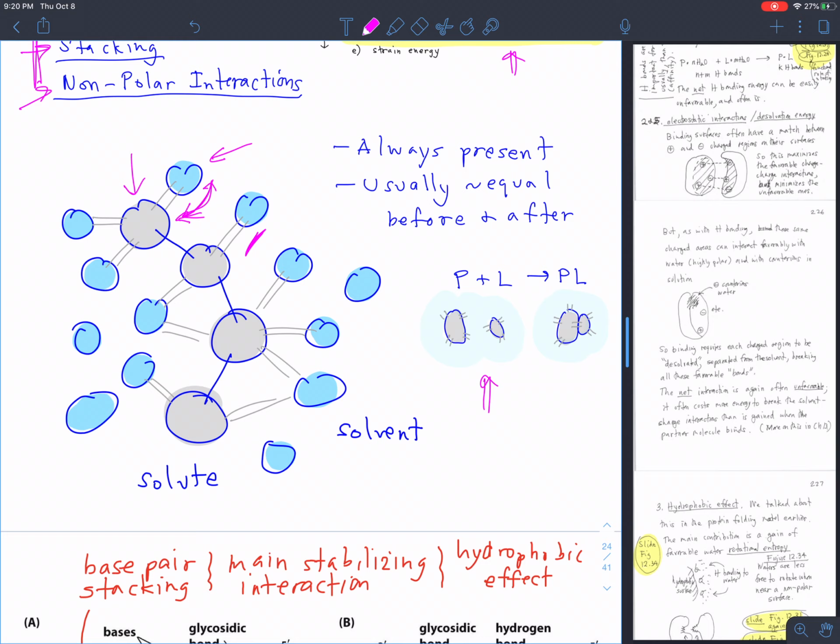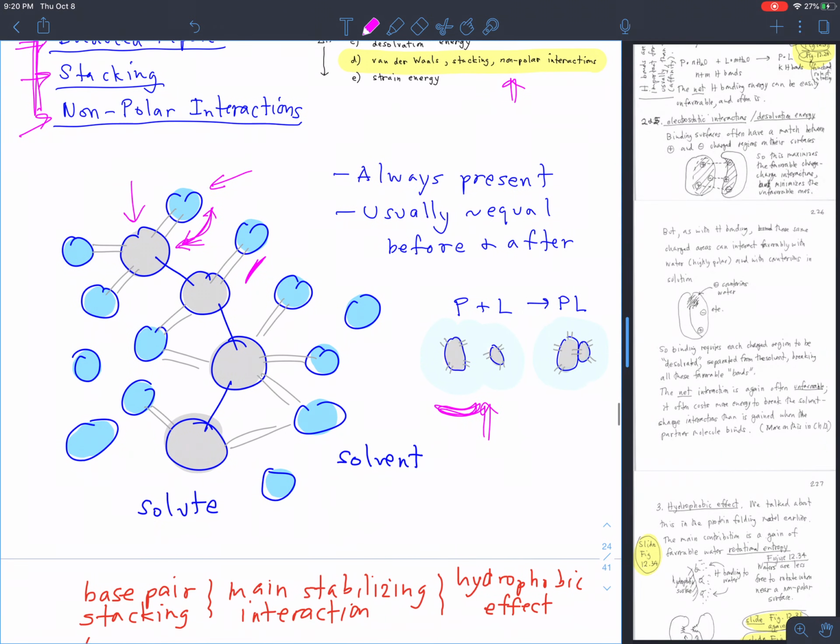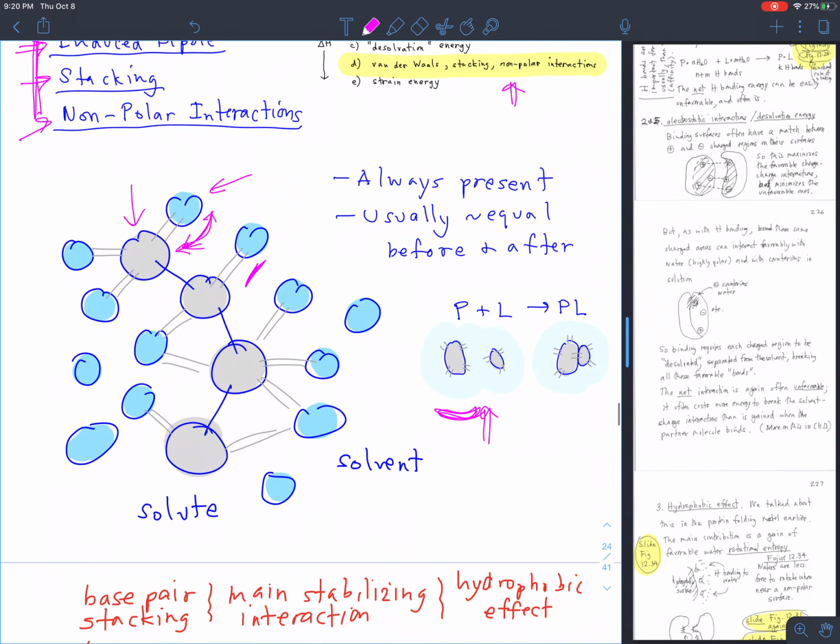So if you start with two molecules apart, all these, let's call them nonpolar interactions, van der Waals interactions, induced dipole interactions, are present with the water when you bring the molecules together. Now you've got a new interaction between the two proteins, let's say, but are those new interactions stronger than the ones you lost with the water, or weaker?